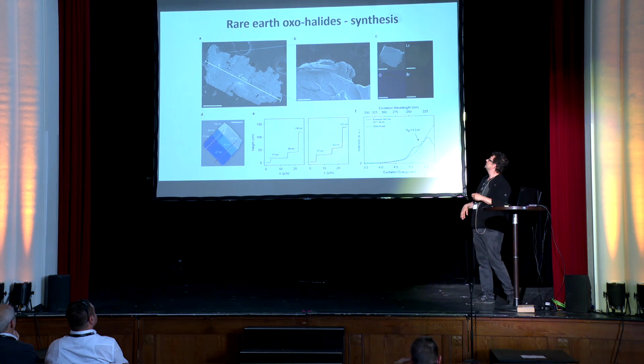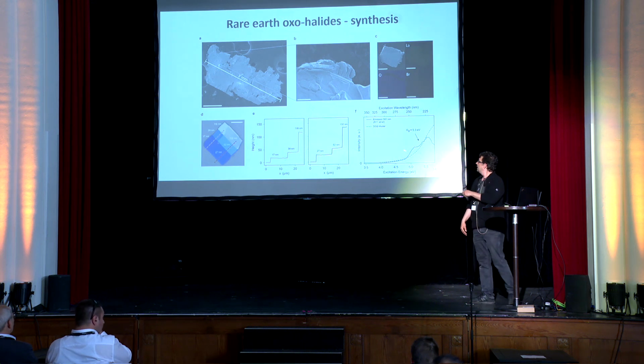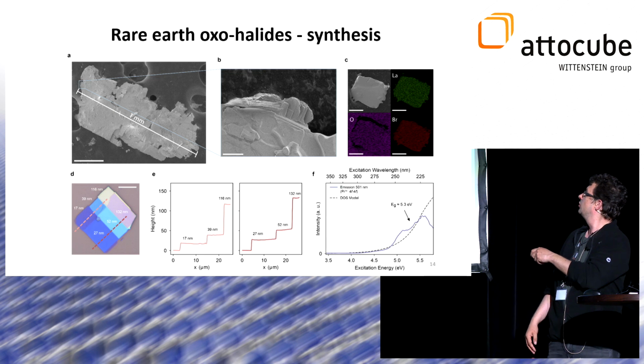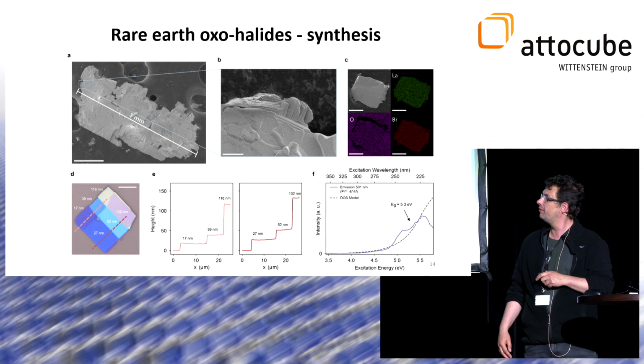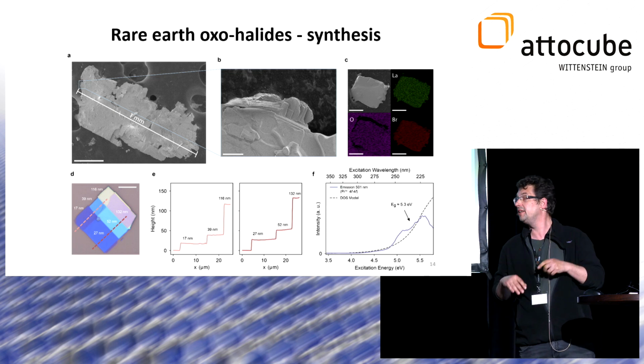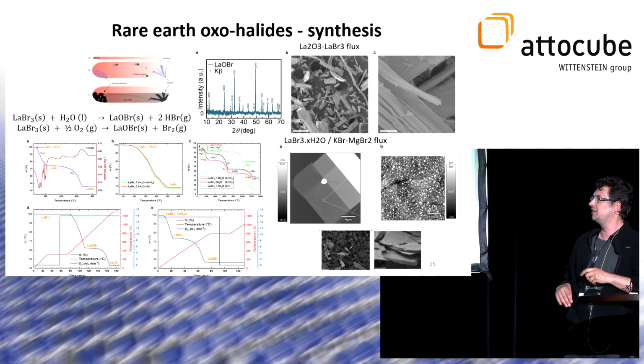And here you can see for the case of lanthanum oxobromide, the flakes in the millimeter size, the band gap measured by photoluminescence gives a value close to the predicted value above 5 electron volt, and it can be relatively easily exfoliated to the multilayer system.